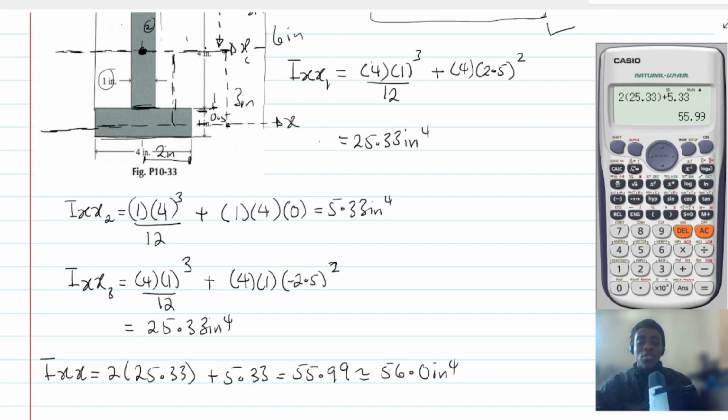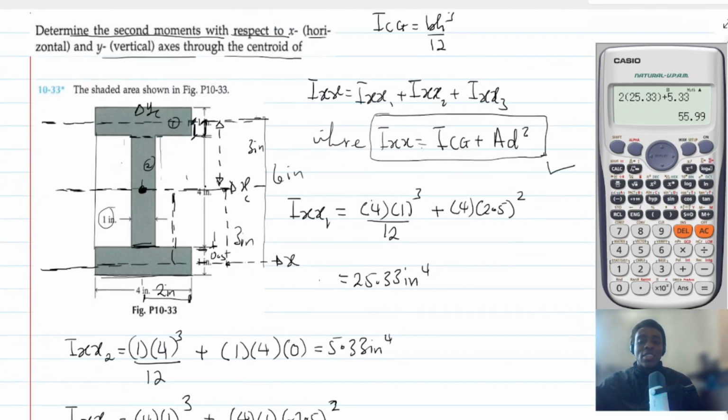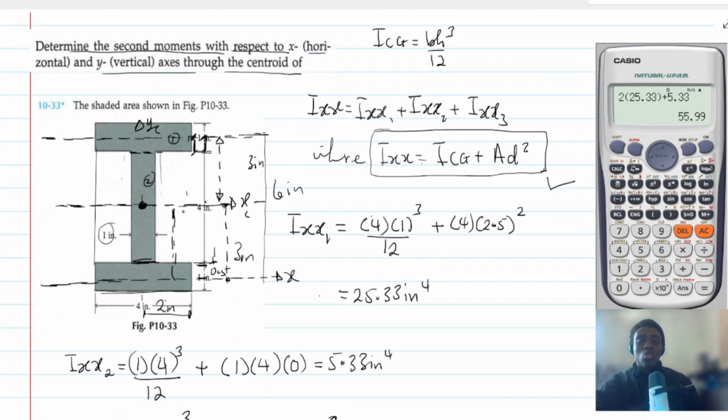So in effect, this is actually the Ixx, that is to say the area moment of inertia about the x-axis, which is passing through the centroid of all of the figures. Okay, so that is it.